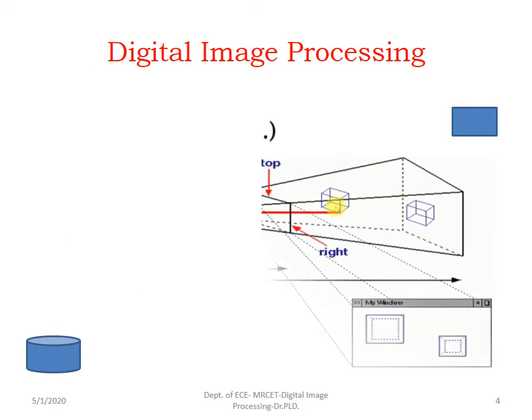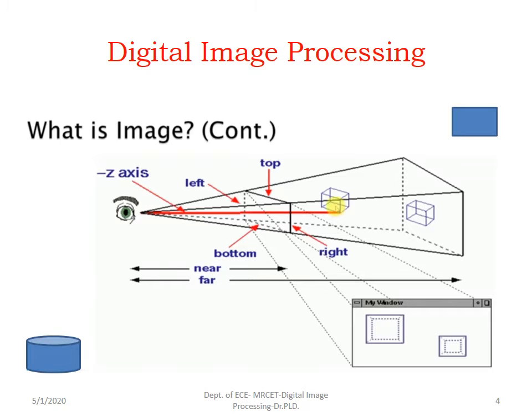Digital image processing, compared with human perception: how are you going to differentiate human perception of vision from processing of an image by the machine? With the human eye, whatever objects we are observing, we can observe as three-dimensional views very easily. Here the diagram shows how you perceive any objects in front of us with the human eye.